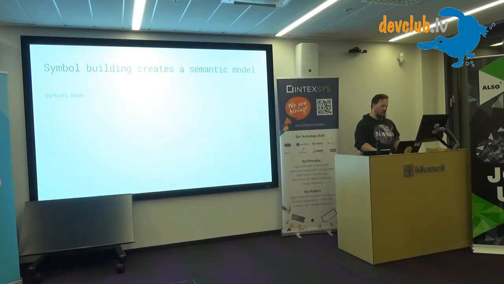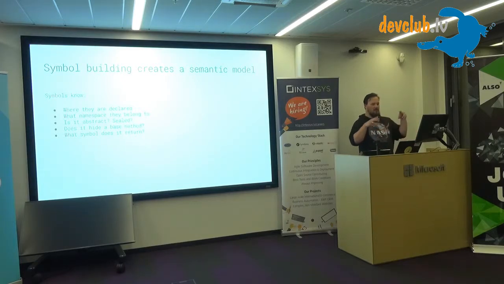And symbols are very smart. Let's say it's a class symbol. It knows if it's declared in your source text or in a dependency, in a DLL. They know which namespaces they're in. They know all the visibility modifiers, everything. They know their parents, their inside members and children, all kinds of things.